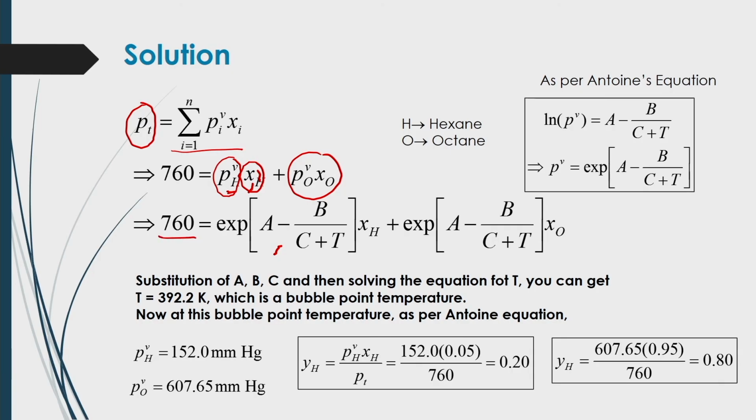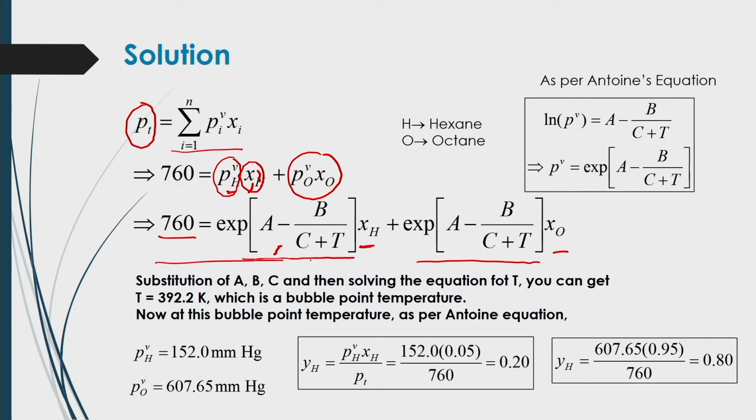Now, if you substitute the vapor pressures for hexane and octane, the vapor pressure of hexane as per Antoine's equation is exponent of A minus B by C plus T. This is your Antoine's equation for the vapor pressure of hexane, multiplied by its composition x_H, and similarly you substitute the equation for the vapor pressure of octane and multiply by its composition x_O.